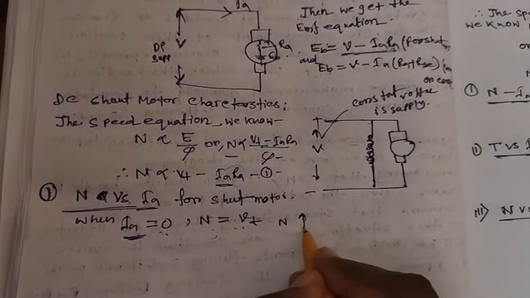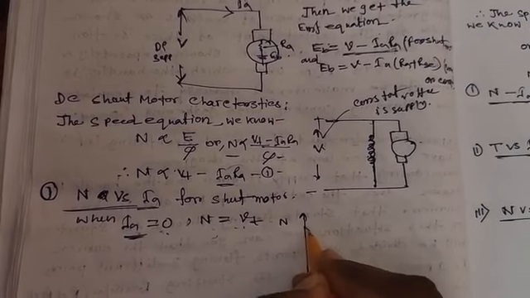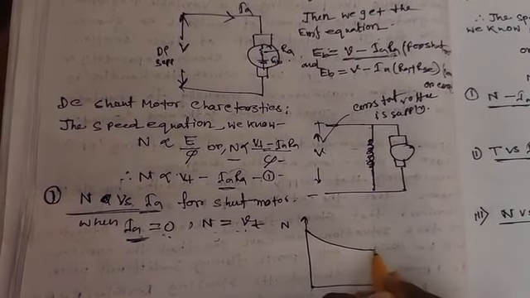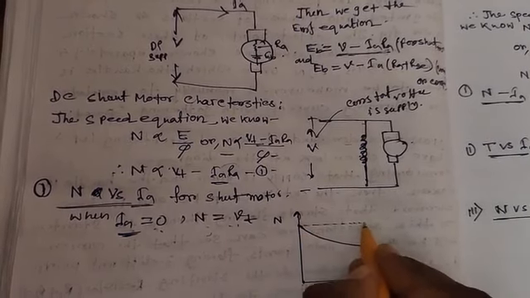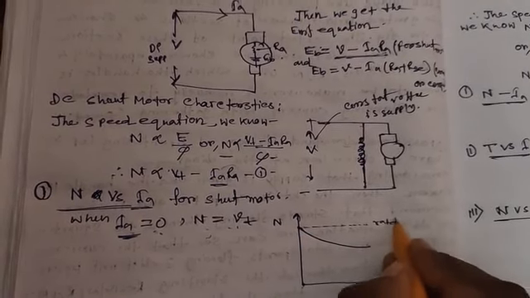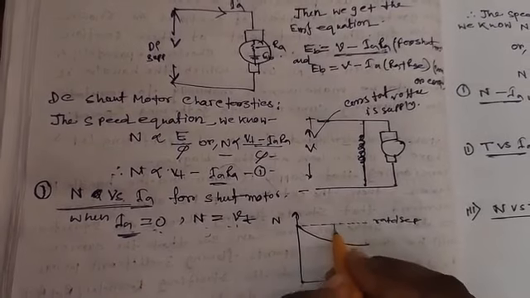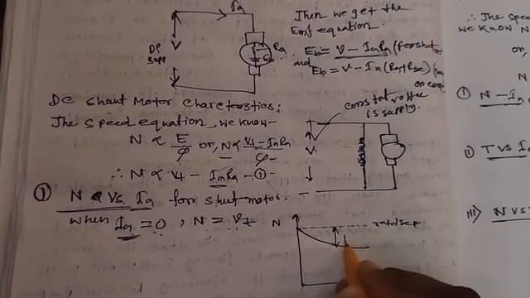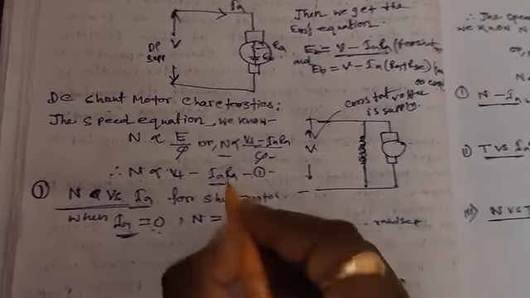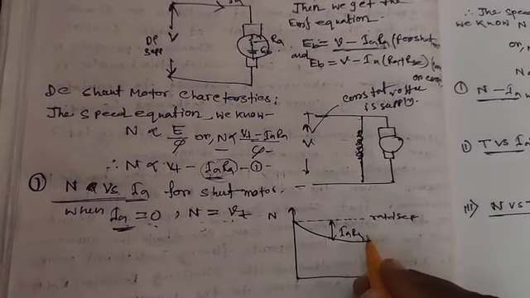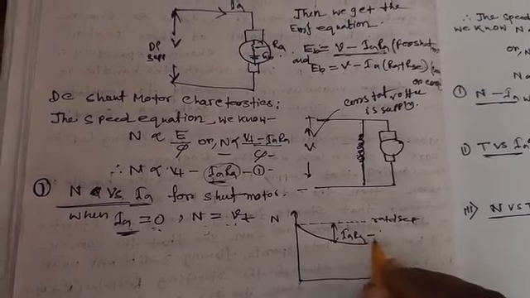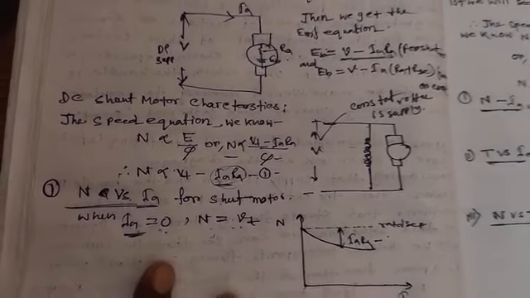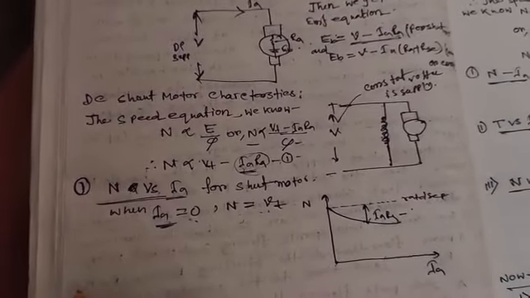This is the rated speed, and this drop is due to Ia Ra. This is the speed versus armature current plot.